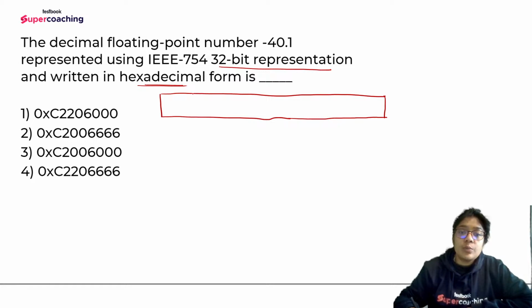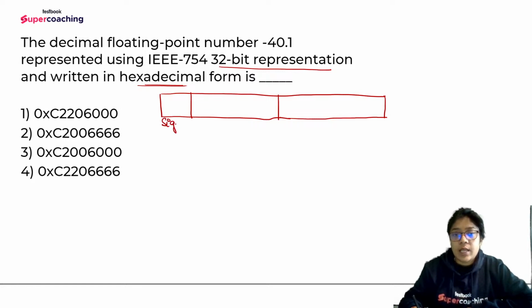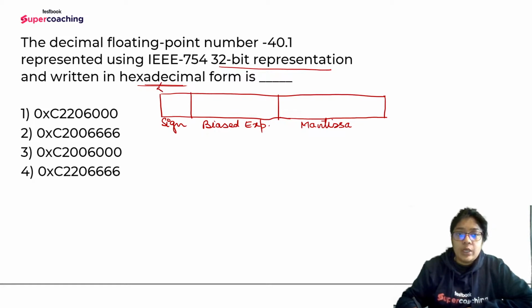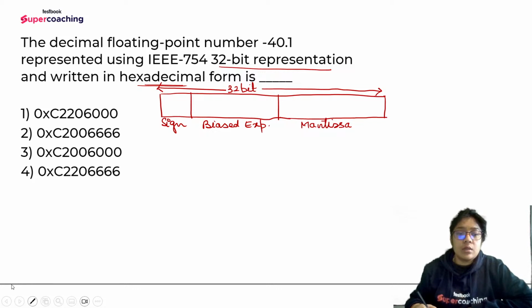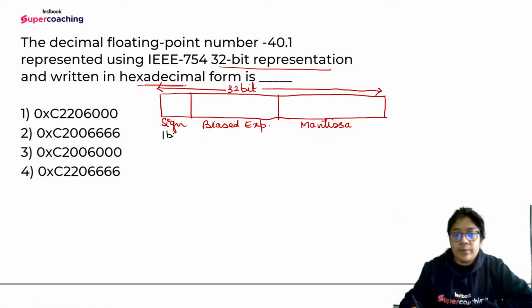So here we have three fields: sign, biased exponent, and mantissa. According to 32-bit format, the sign bit is always of fixed size, 1 bit.